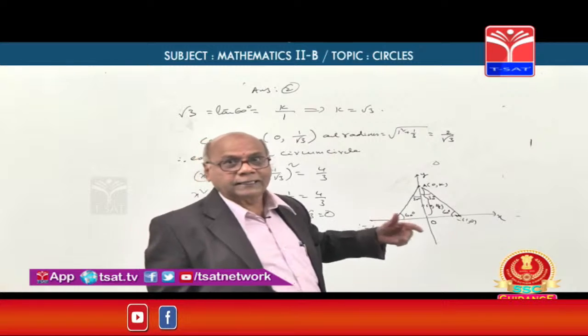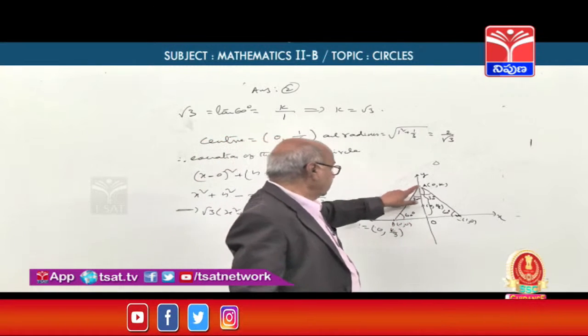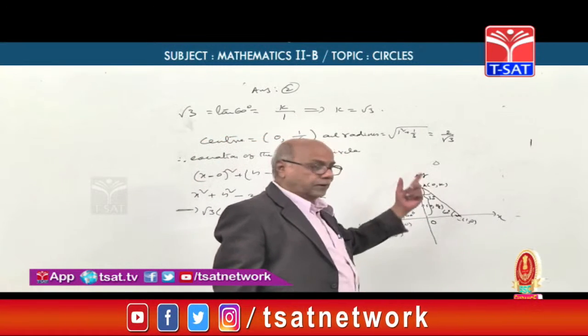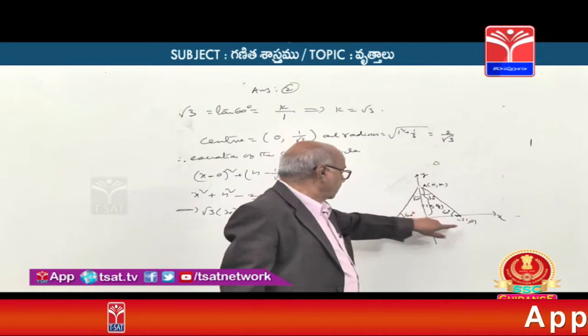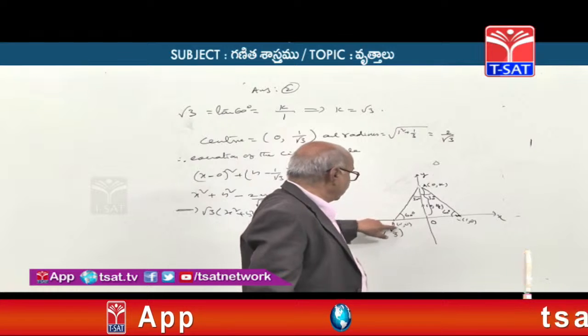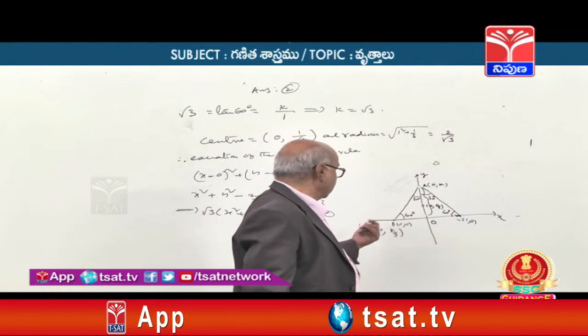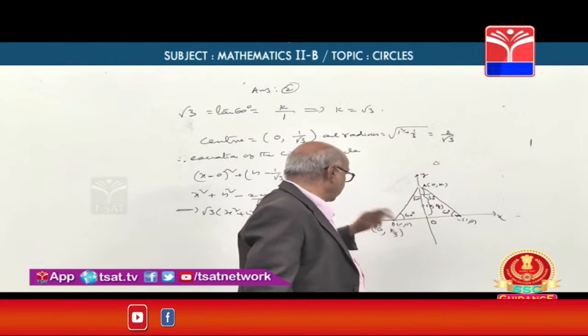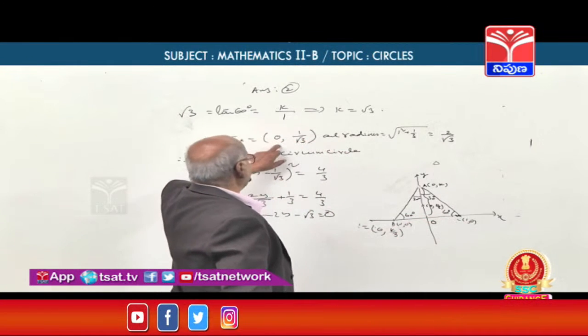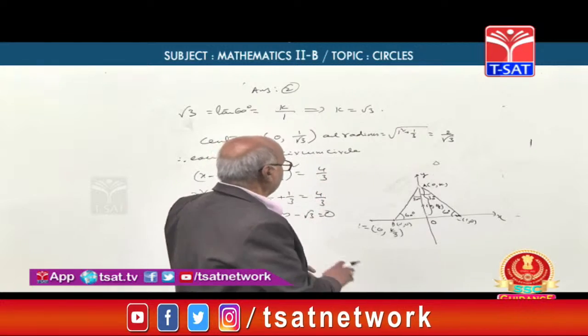So, therefore, circumcenter is nothing but the centroid. Centroid is the average of the coordinates of the 3 vertices. So, centroid is 0 plus 0 plus 0 by 3, and K plus 0 plus 0 by 3, so K by 3. So, this is the center. And radius is simply 2 by root 3.